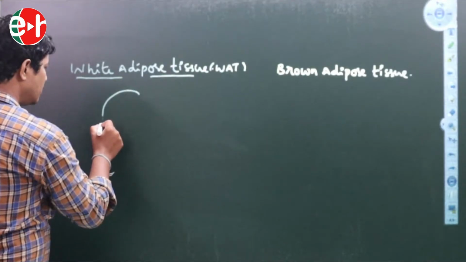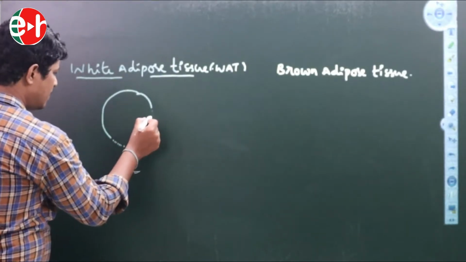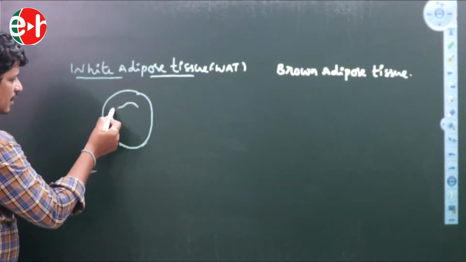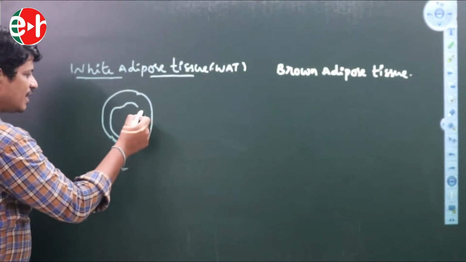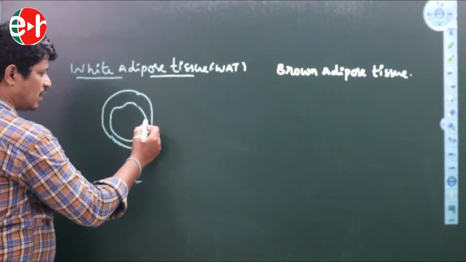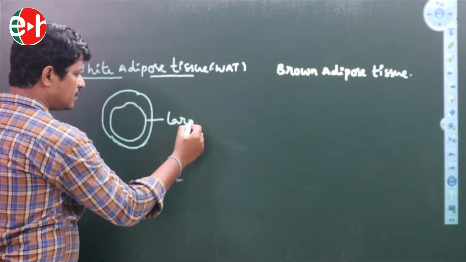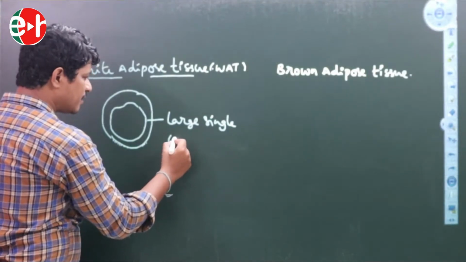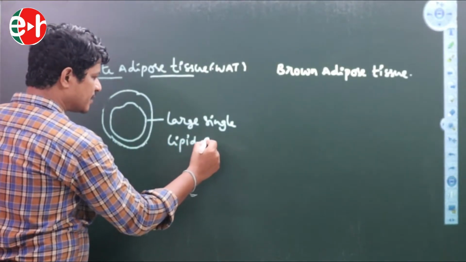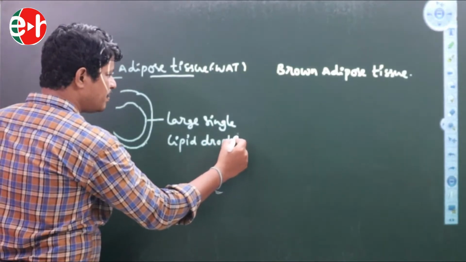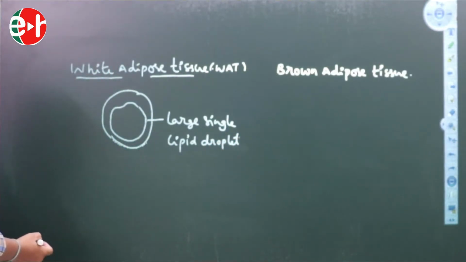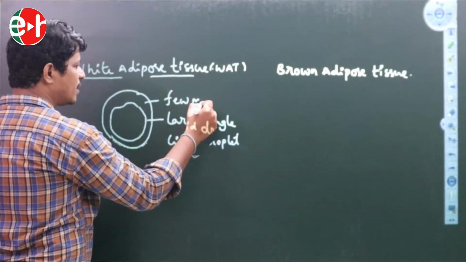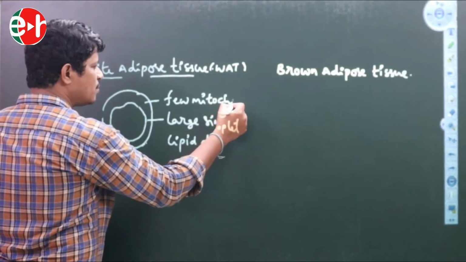See, in the white adipose tissue, it has a large single lipid droplet, with very few mitochondria.